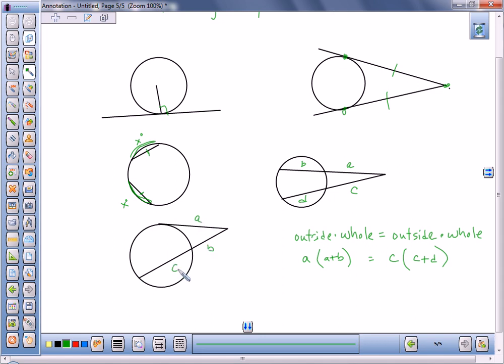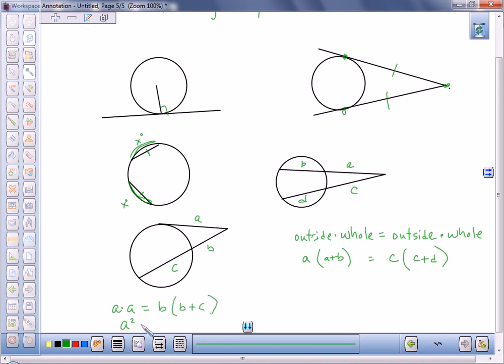If we look at this tangent and we think about outside times the whole, what's outside the circle? A. What's the whole segment? A. So it's A squared, isn't it? That's outside times the whole is equal to outside times the whole. So A squared is equal to B times B plus C.